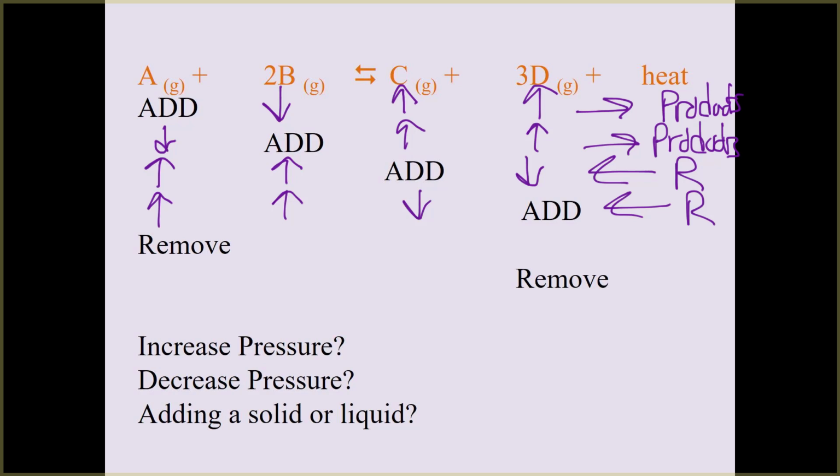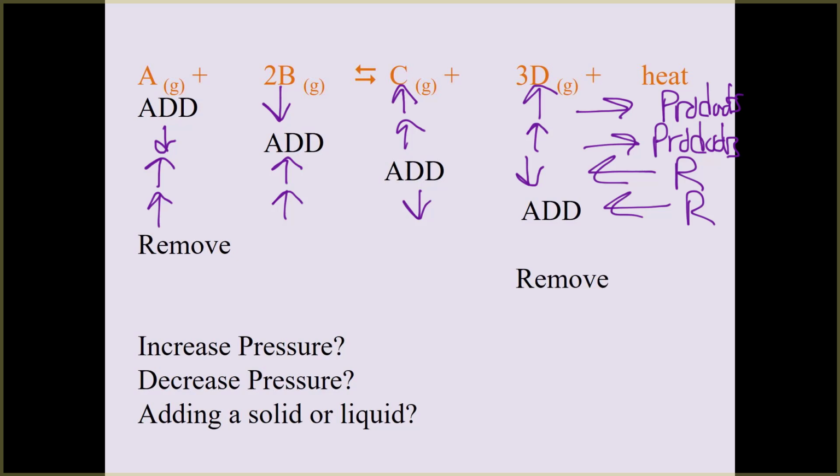Let's look and see what will happen if I remove a chemical. So I would maybe add something that would bind up A in this case. And so now B and A can't collide because there's no A, because A just got removed.